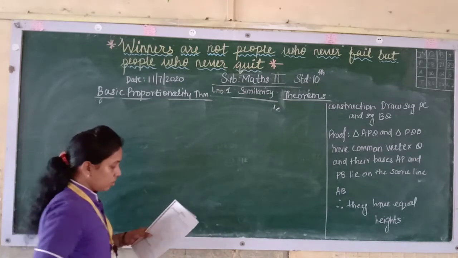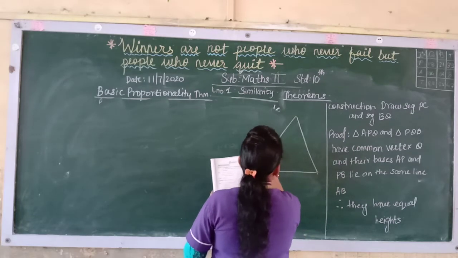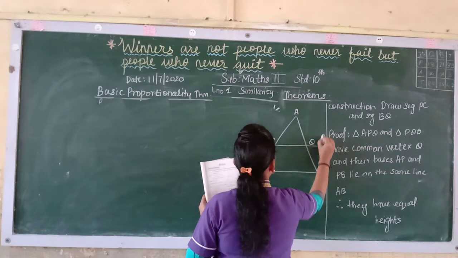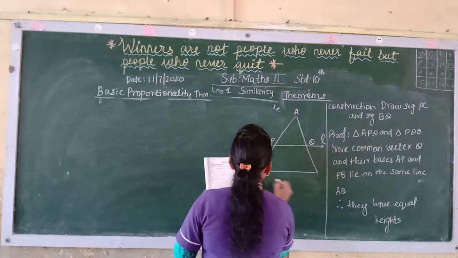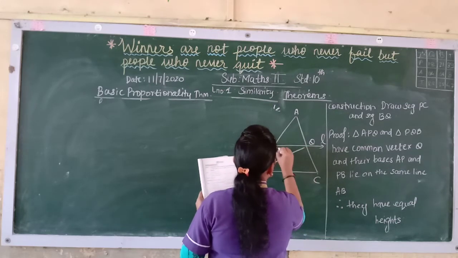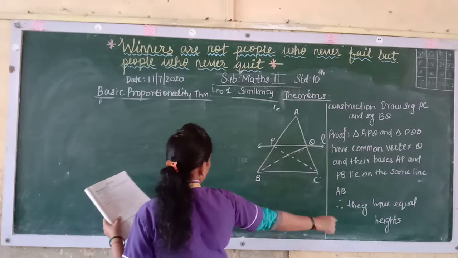So I'll draw the structure over here again. This is A, this is P, Q, or you can write it as L. This is B, this is C. Here, this you have to join. Now, so they have equal height.